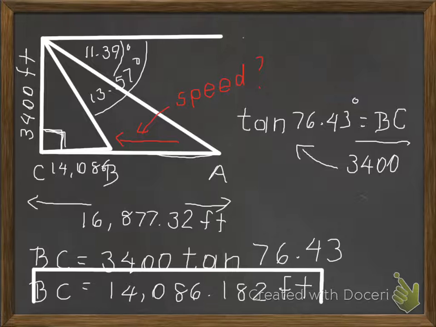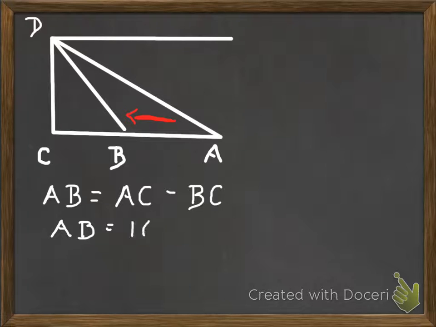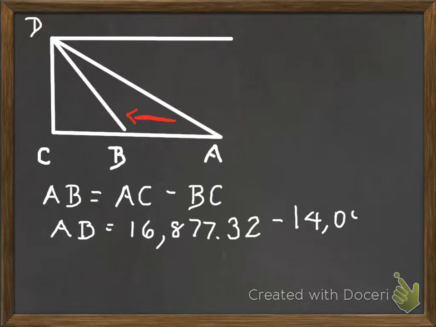14,086.182 feet, from the larger distance, 16,877.32 feet. So AB, distance AB, is equal to the distance AC minus the distance BC. We found that the distance AC is 16,877.32 feet, and the distance BC is 14,086.187 feet.